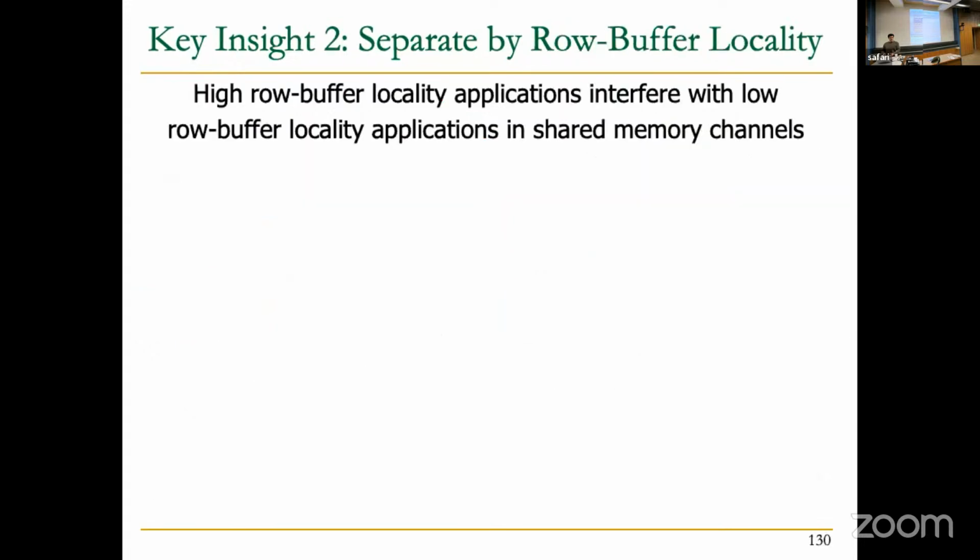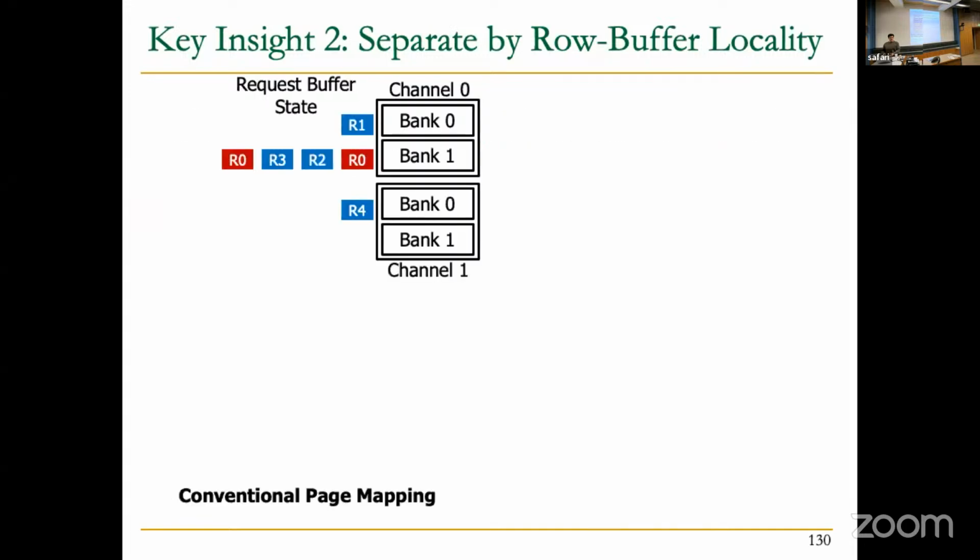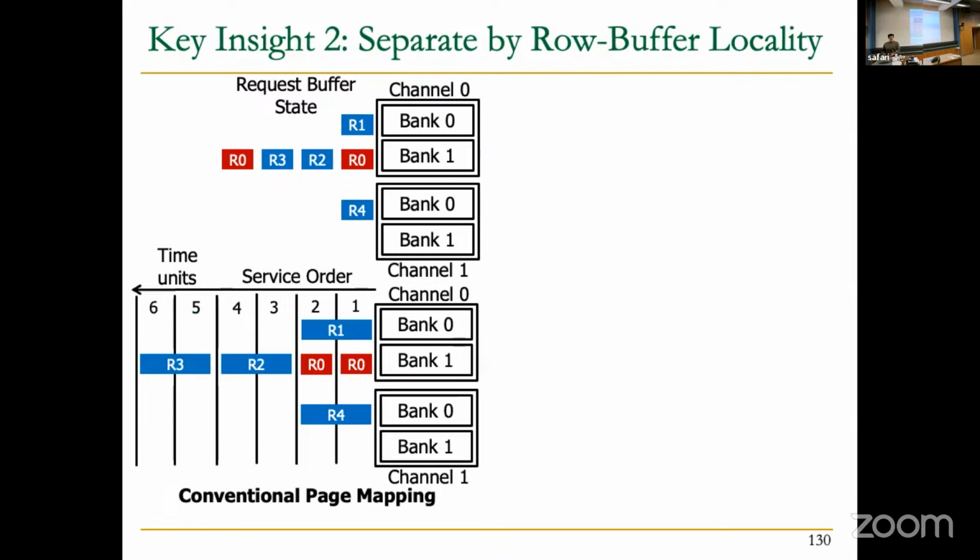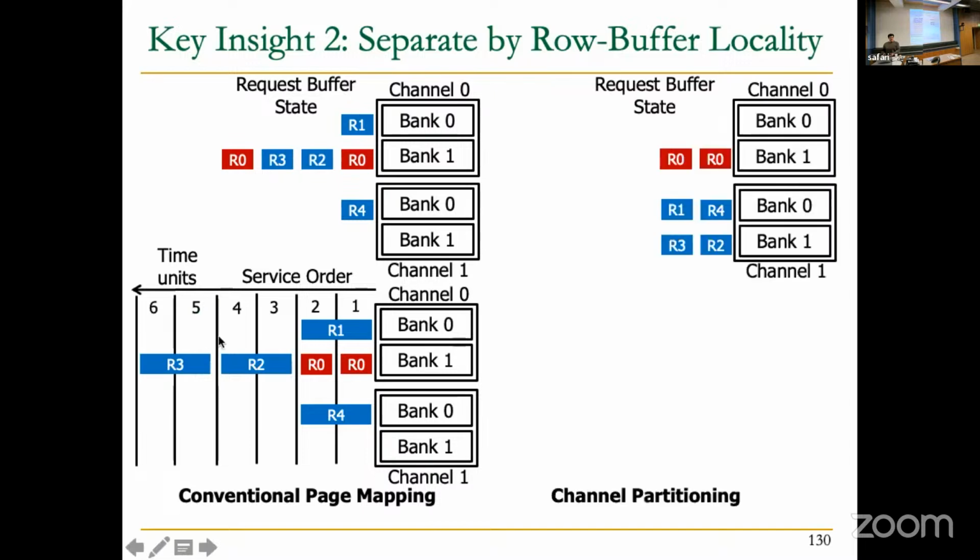But that's not enough, because high row buffer locality applications also interfere with low row buffer locality applications. So here's an example. You have multiple requests from the blue and red apps. If you service them in this order with conventional page mapping, you see that R3, the blue app's request 3, takes a lot of time to be serviced.